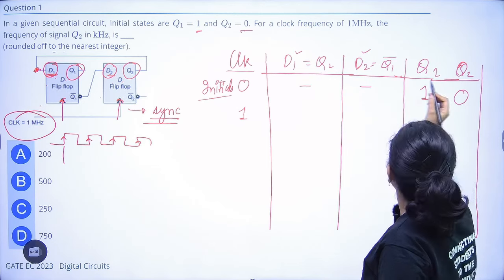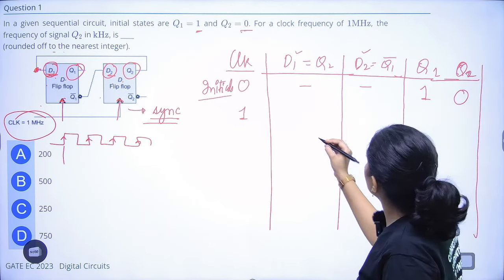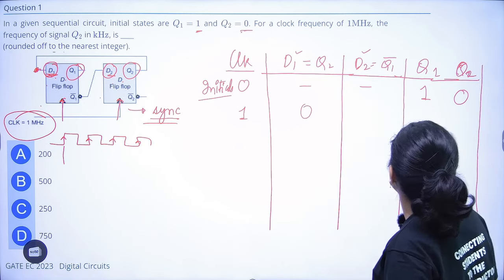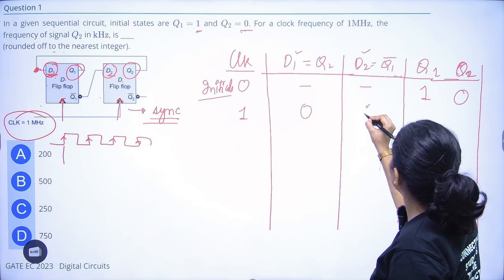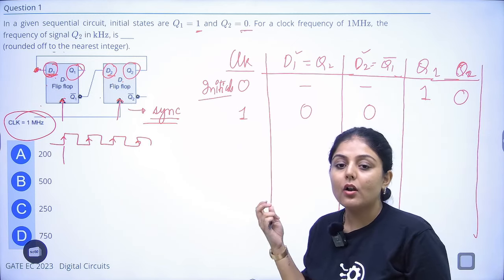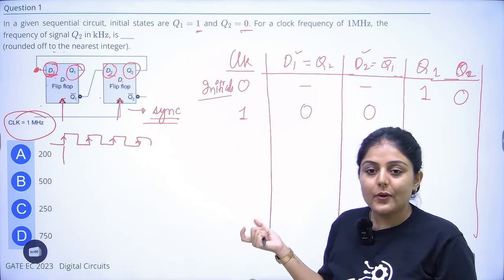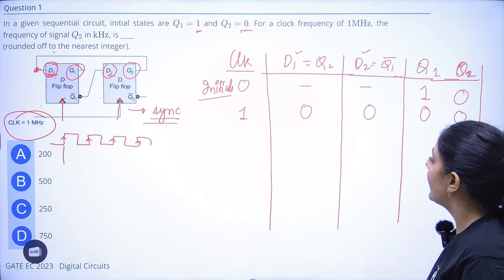So D1 is equal to Q2. Q2 value is 0 and D2 is Q1 bar, so Q1 bar will be equal to 0. And the output, according to the excitation table of D, when D value is 0, output is also 0. So it is 0, 0 again.